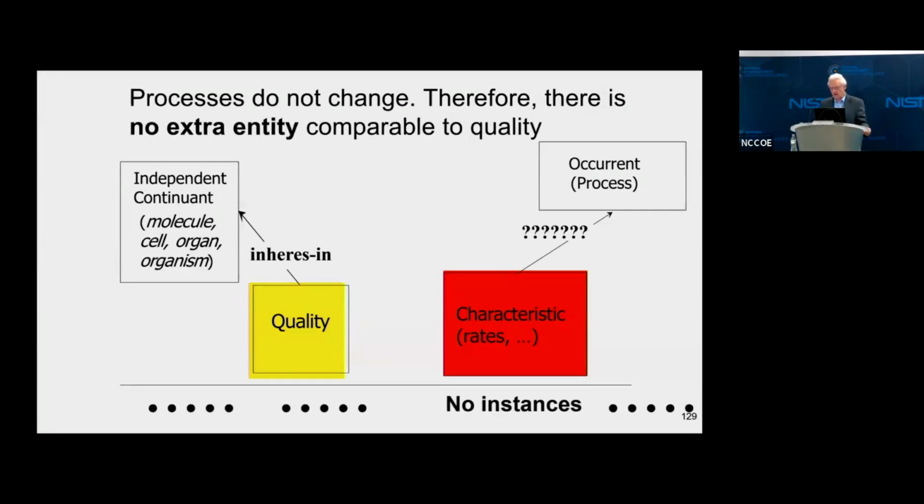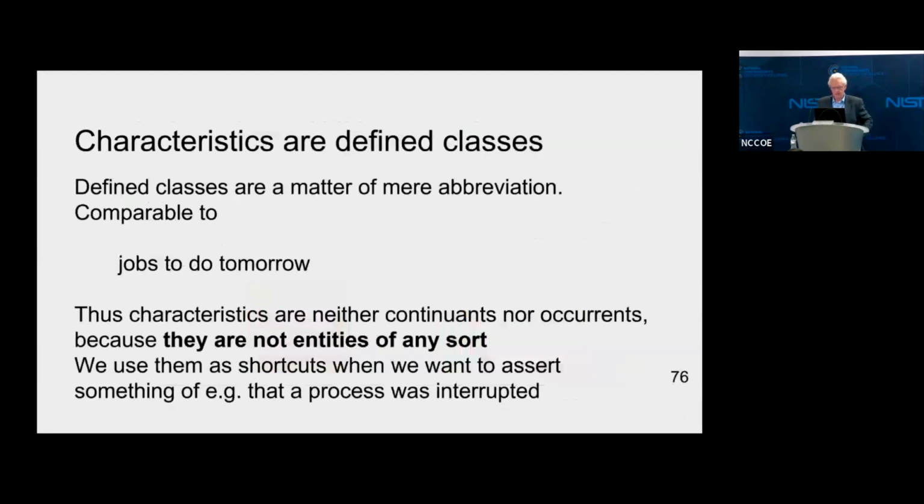And then there are no instances of these process characteristics. There are instances of qualities, always, but it doesn't make sense to say that process characteristics exist, because talk of process characteristics is merely an abbreviation for talking about processes and process profiles. All right, so another way of putting this is characteristics are defined classes.